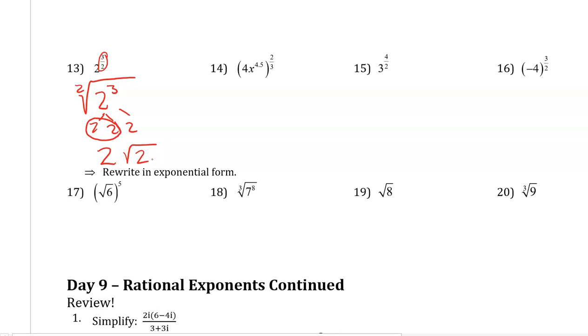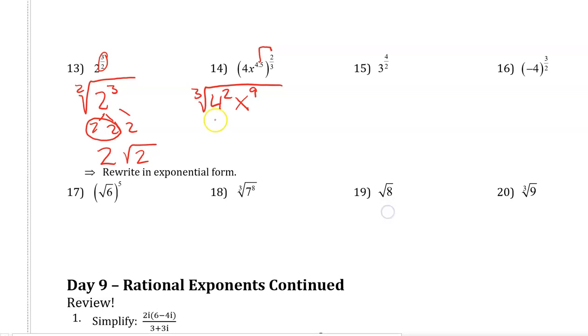4 times x to the 4.5 power, or 9/2 power, and all of that's being raised to the 2/3. So it'll be the third root, or cube root, of 4 squared times x to the 9th power, which is 4.5 times 2. Then squared, we multiply those two exponents together, power to a power rule.